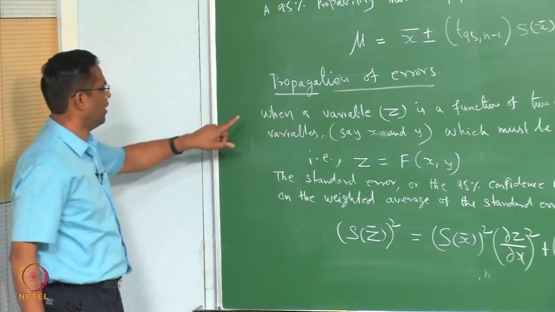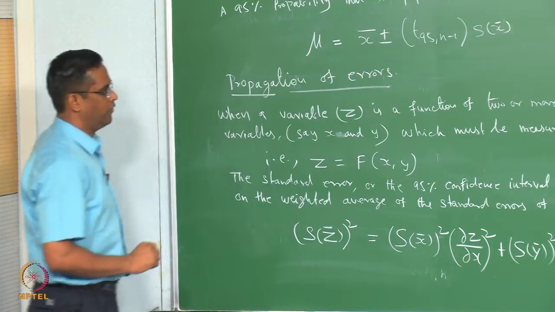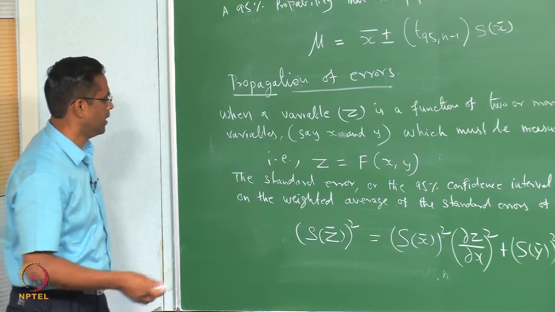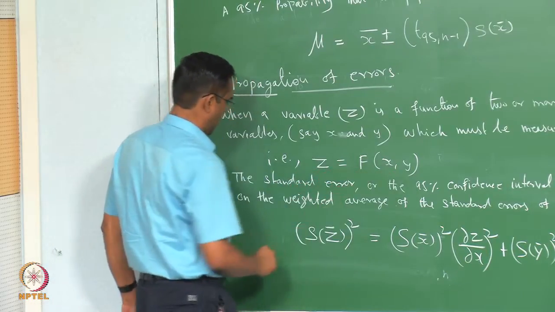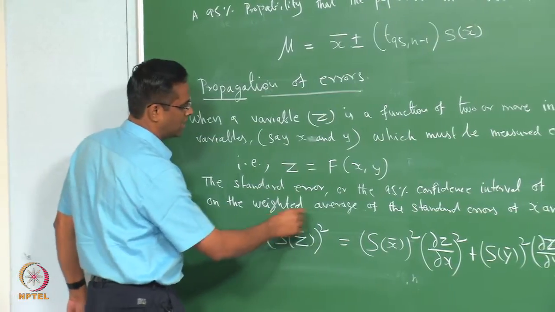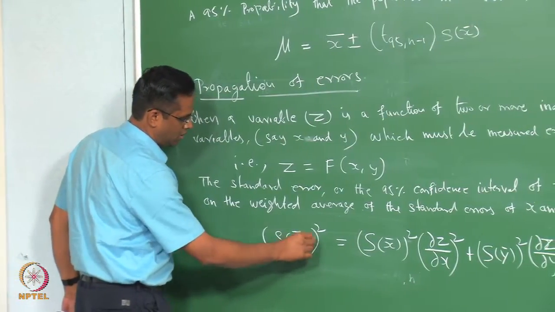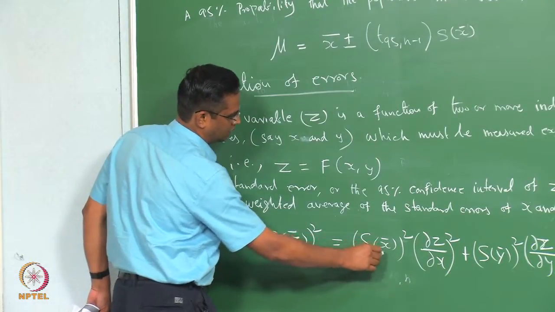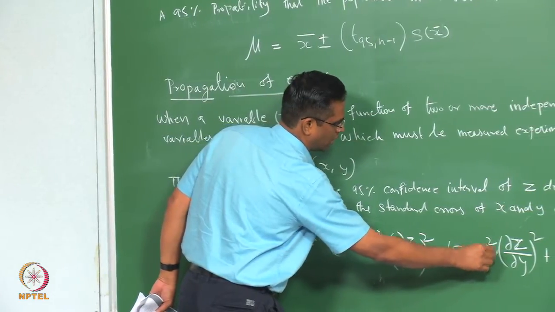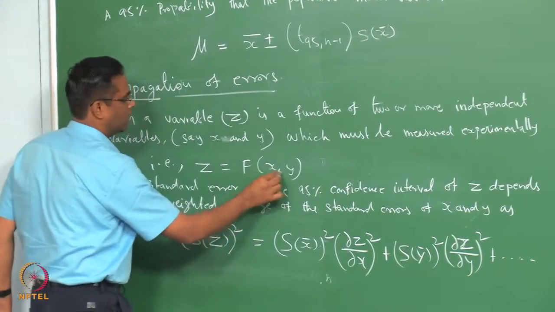So, what I have written here is, when a variable z is a function of two or more independent variables, say x and y, which must be measured experimentally, like one of your stereological parameters such as volume fraction, that is z is equal to a function of x and y, the standard error or the 95% confidence interval of z depends on the weighted average of the standard errors of x and y as s z bar whole square is equal to s x bar whole square times dou z by dou x whole square plus s y bar whole square times dou z by dou y whole square, plus more terms like that, depending upon the number of variables.